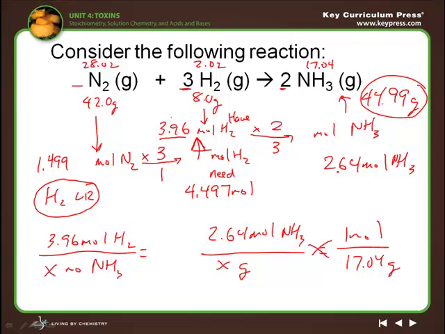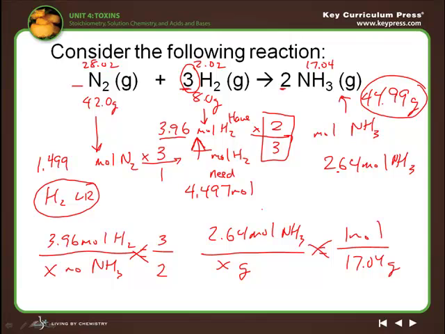The hydrogen has a 3 in front of it, so that's where that came from. And then the ammonia has a 2 in front of it. So when we cross multiply here, 3.96 times 2, and then we divide by 3, that's where the 2.64 comes from. So I happen to do it using this little trick right here. I just did the ratio 2 to 3 and then multiplied it through.